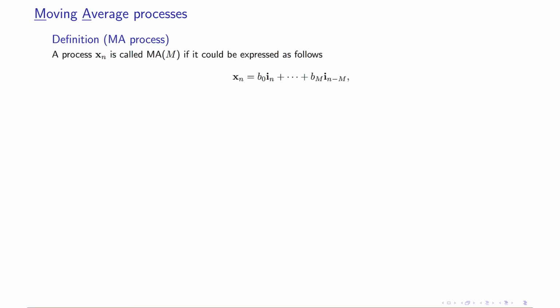The input is I[n] and the output is X[n]. The input is given to a delay unit Z^-1, another delay Z^-1, etc. So here you get I[n-1], I[n-2], and so on, up to I[n-M].